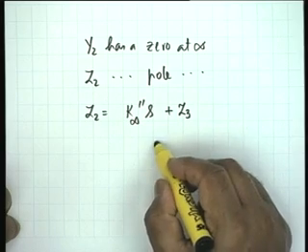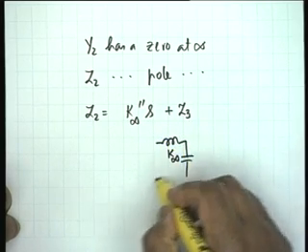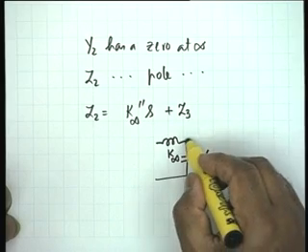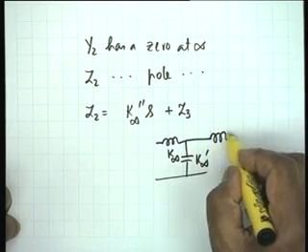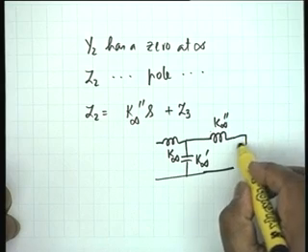The realization that we have obtained so far is k infinity, then k infinity prime, then k infinity double prime, an inductance, and the rest of the impedance is Z3.